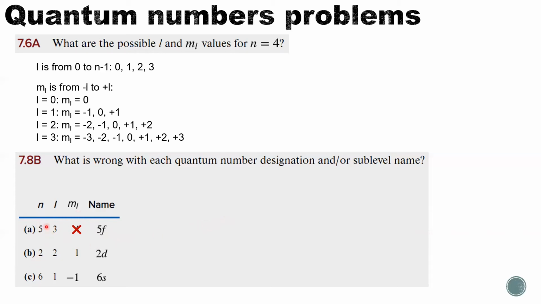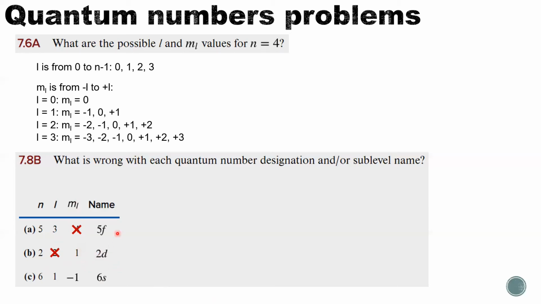For B, when we have n equals 2, that's good. And L can be 0 to n minus 1, so it can be 0 to 1. Now we have 2, so that is wrong. mL can be -L to +L, so the largest range mL can be is -1 to +1, so that's good.